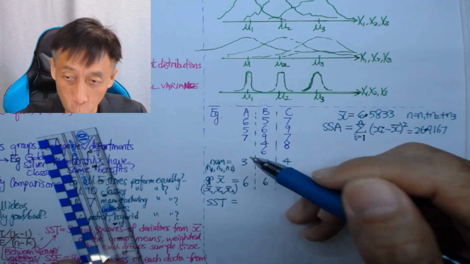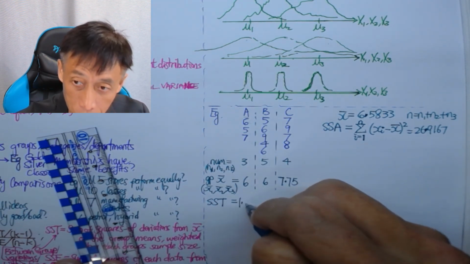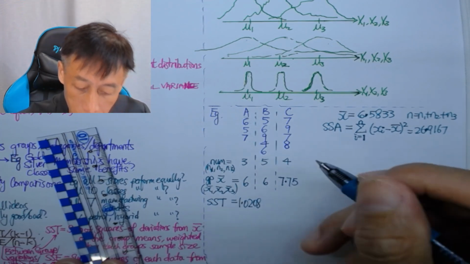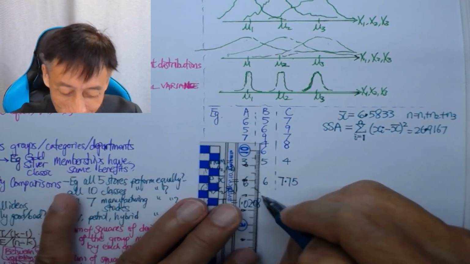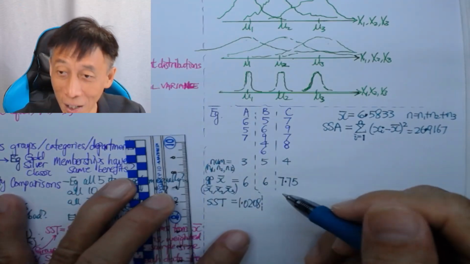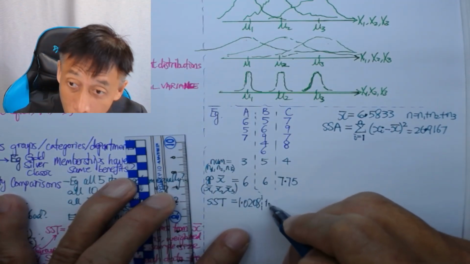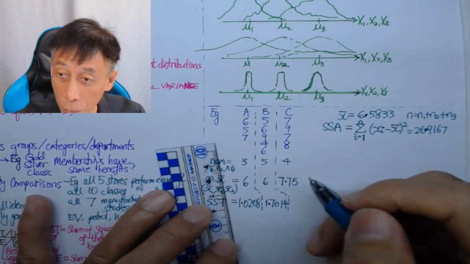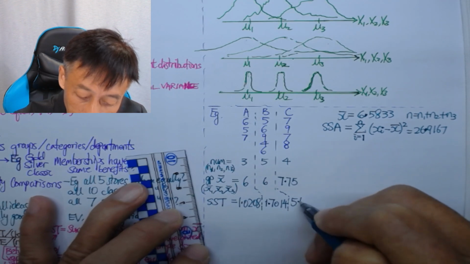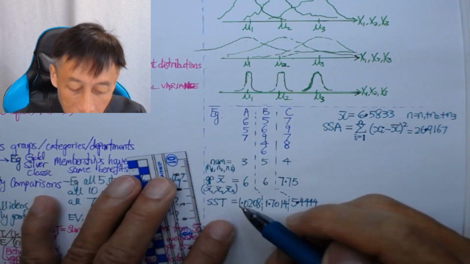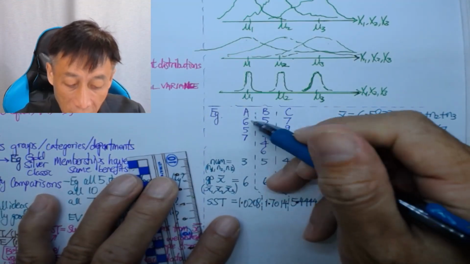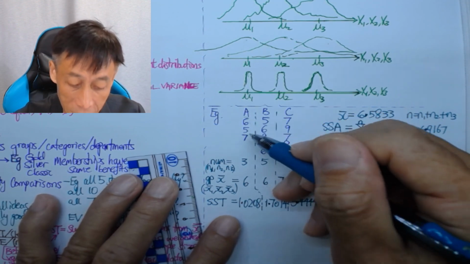If you do that, you get 1.0208. Now I got to expand a little bit. Second one, 1.7014. Third one, 5.4444. This is actually a bit like saying, if I were to replace A's data entirely with its own mean, like 6, 6, 6.